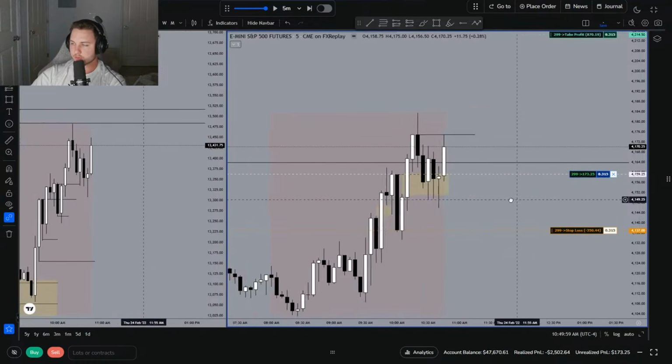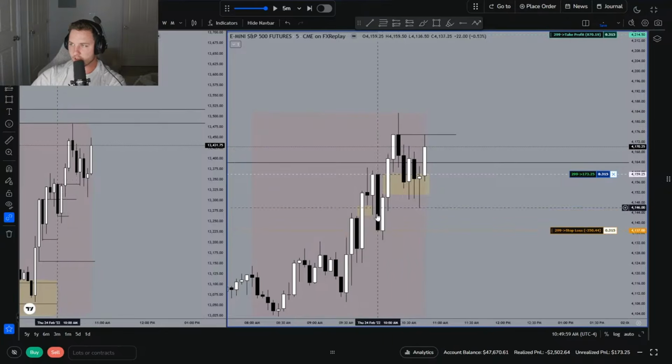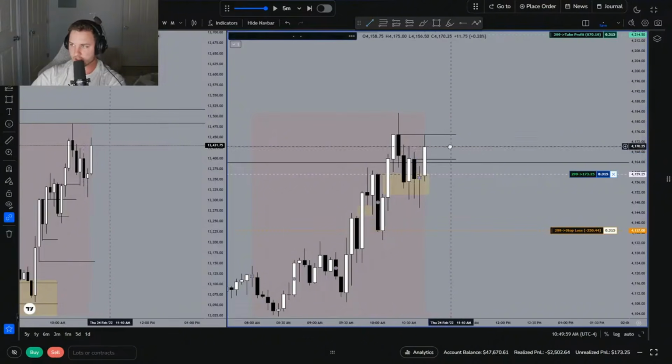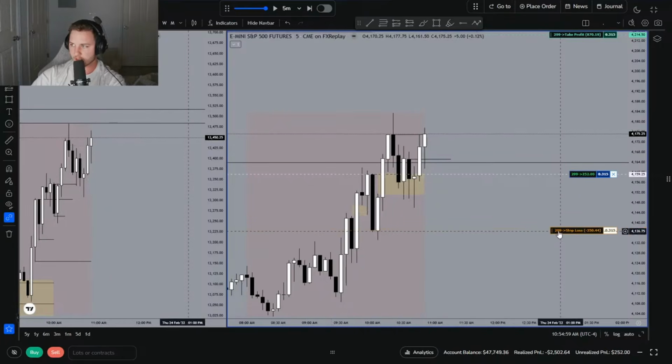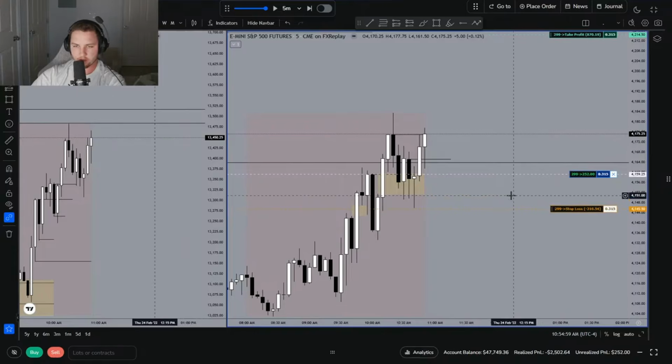So now we have this higher high, confirmed on a micro CISD. This is an internal CISD. This is an external to confirm this. So let's see. Okay, now we can trail our stop. Does that make sense?